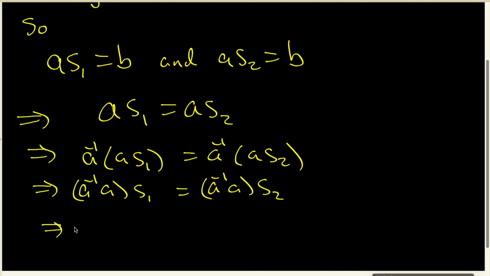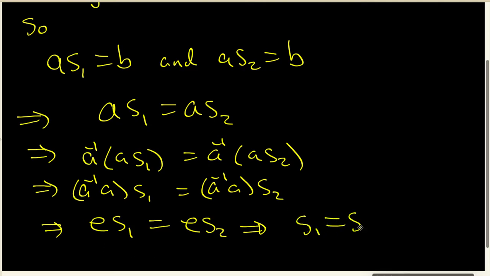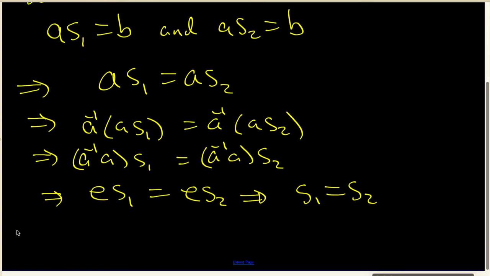So this now becomes E times S1 is equal to E times S2. But we know that identity elements work on both sides by one of our lemmas, and so this does say S1 is equal to S2. What this means is that we have only got one solution. That's an important thing to be thinking about.